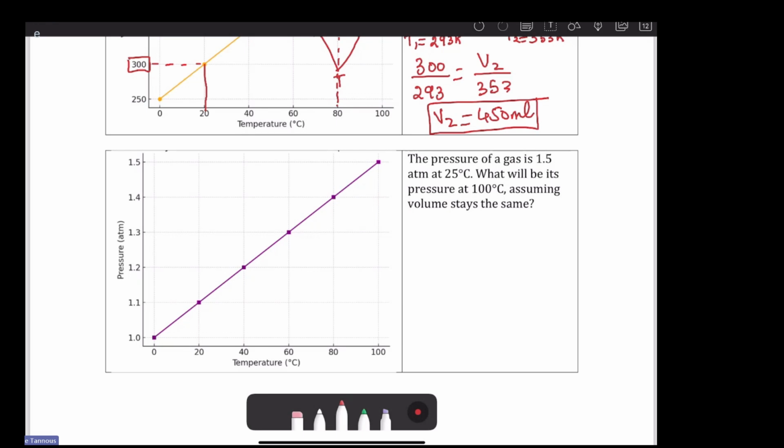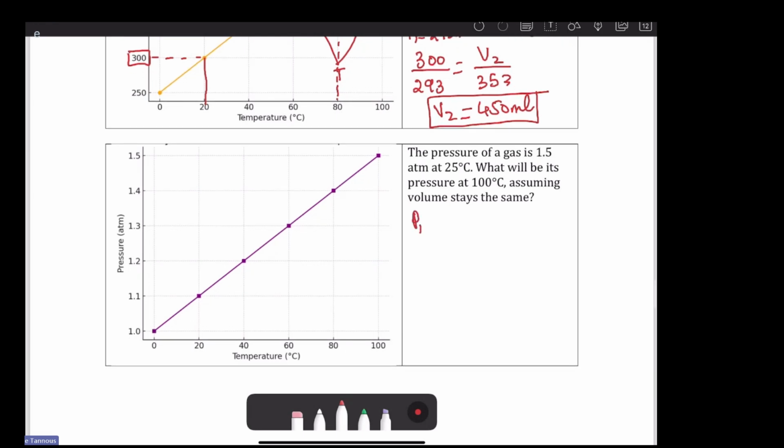So the pressure of a gas is 1.5 atmosphere at 25 degrees Celsius. Before you continue, you add 273 to convert it to Kelvin. That's 298 Kelvin.